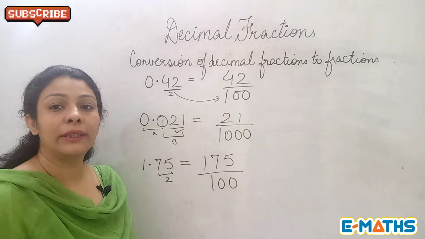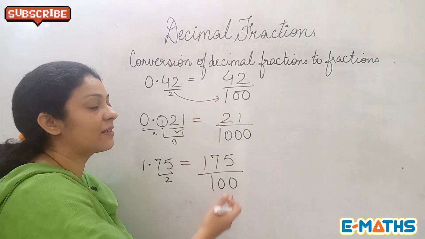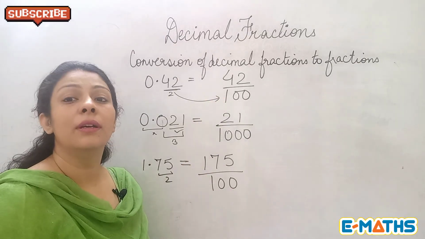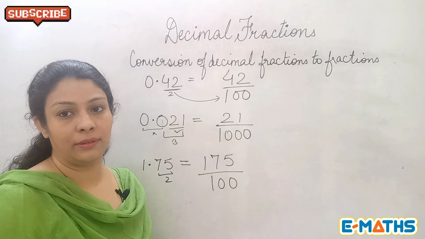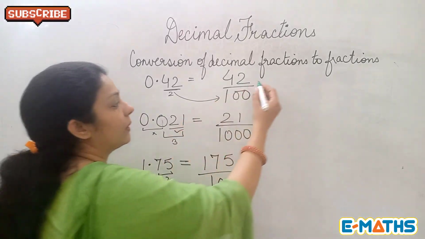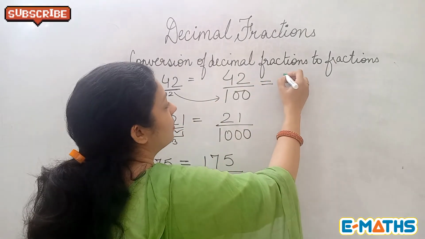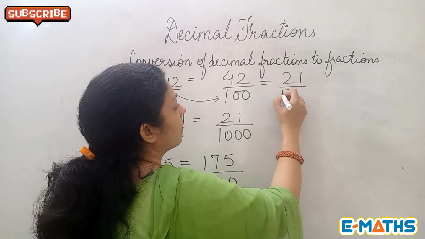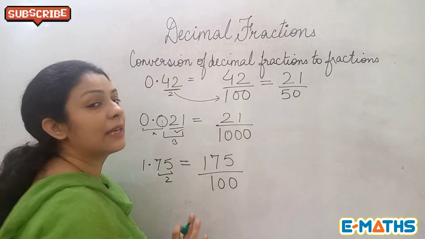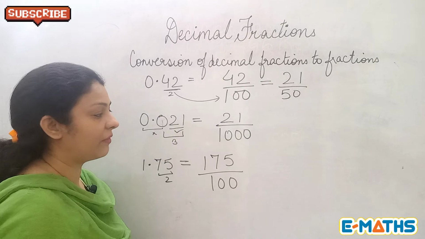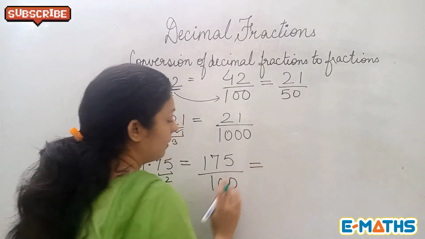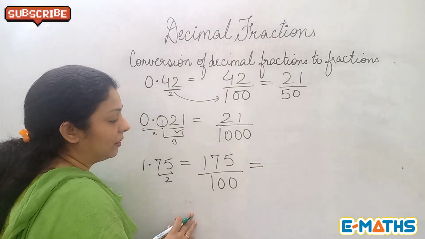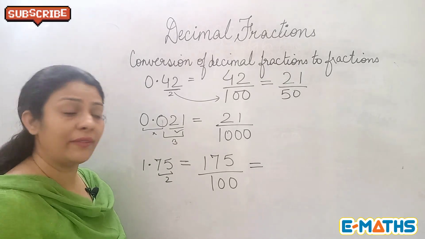Also remember one thing, that if these fractions can be reduced to the lowest term, you have to do that. So let's do it. This can be written as 21 upon 50. These cannot be cancelled. We don't have any common factor between them. This can be cancelled by 25, if you know the table of 25, go ahead.